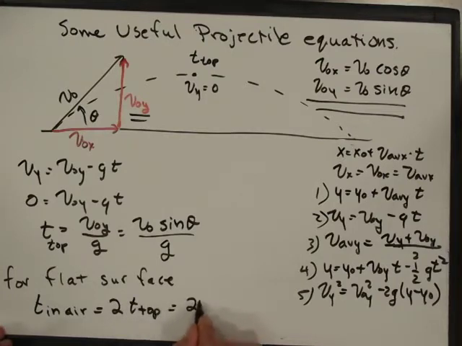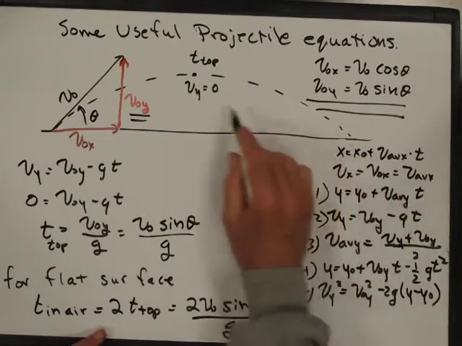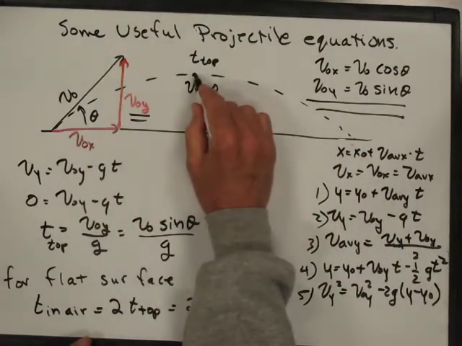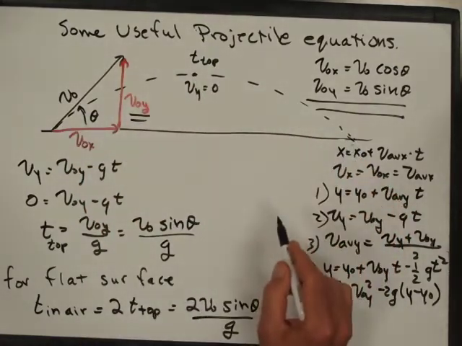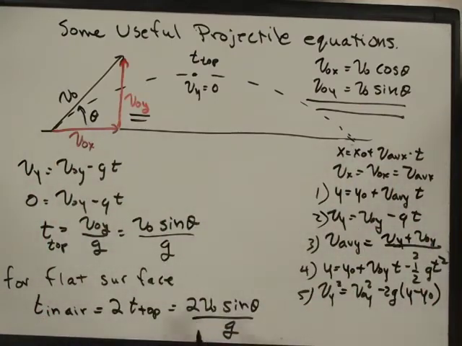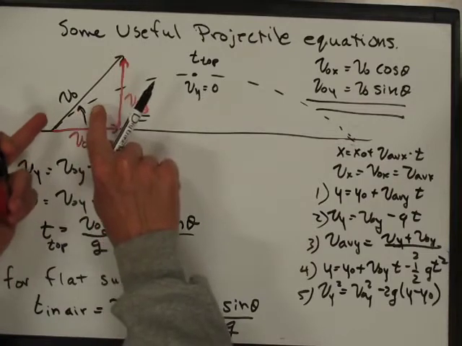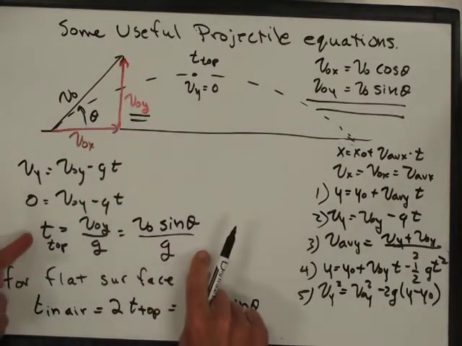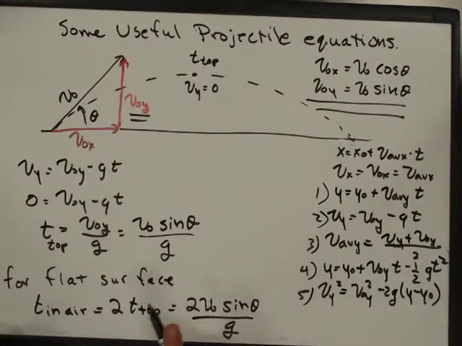And so that's just 2 v naught sine theta over g. It's just twice this time, provided that the surface is horizontal. It takes the same time to get to here as it does to get back down to the bottom. It's only true if the surface is horizontal. And so now we can tell, just from the initial v naught and theta, what the time to the top is and what the total time in the air is.